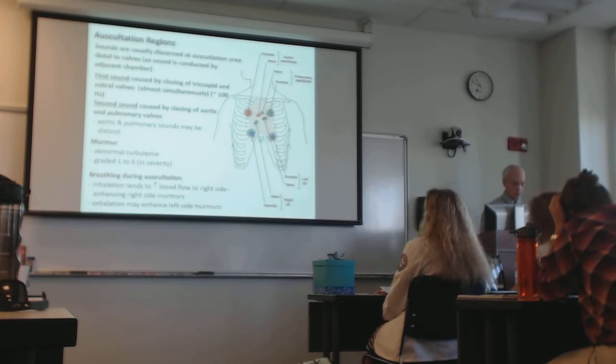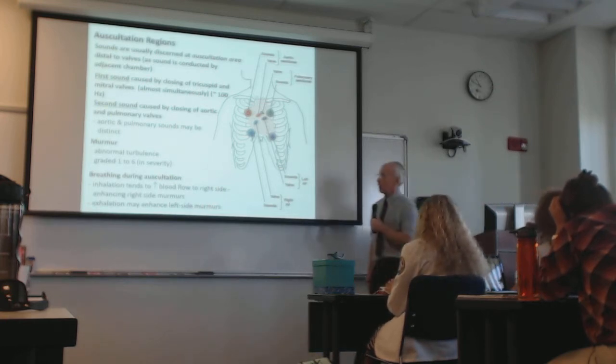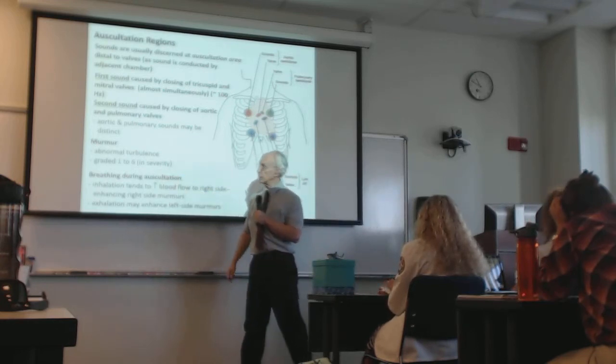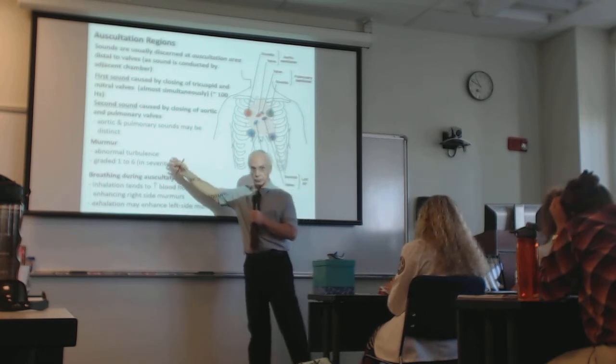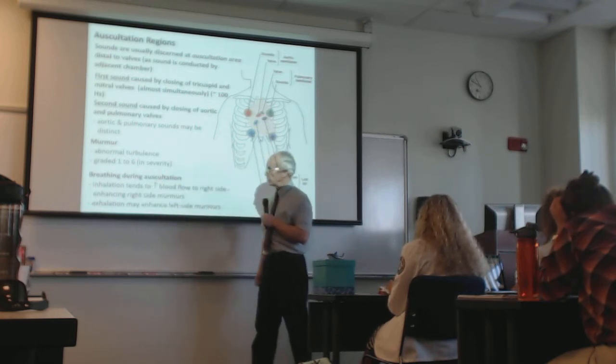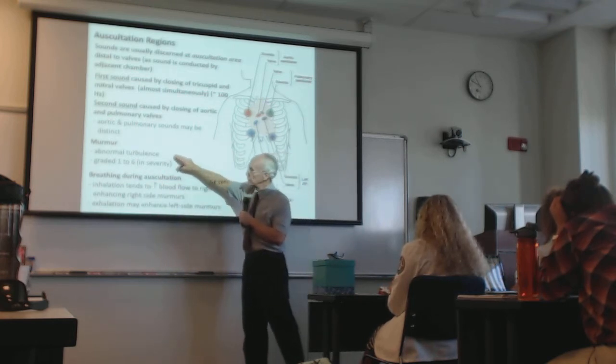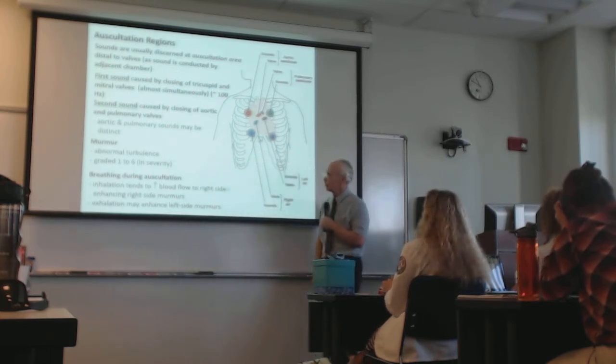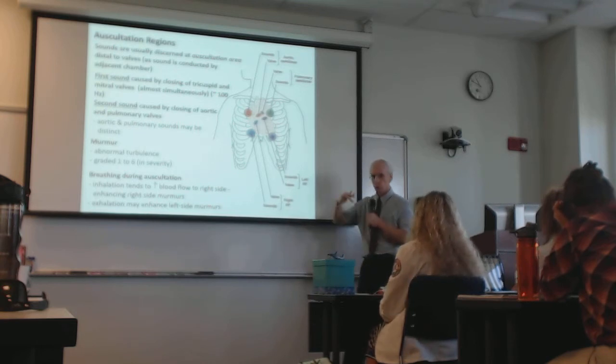The second sound is associated with the closing of the semilunar valves. Oftentimes, if there is stenosis or a problem with the valvular activity, for example, regurgitation or valvular insufficiency, that's manifest as a murmur, and you will learn to hear different types of murmurs and the characteristic qualities of sound associated with those.